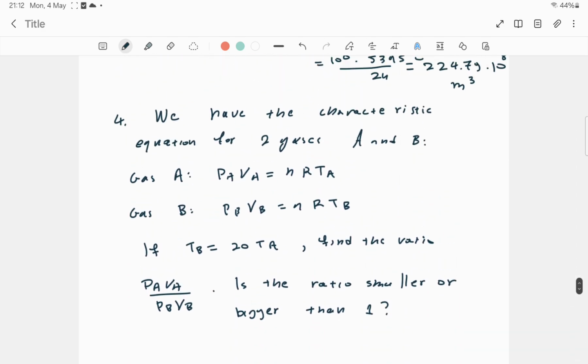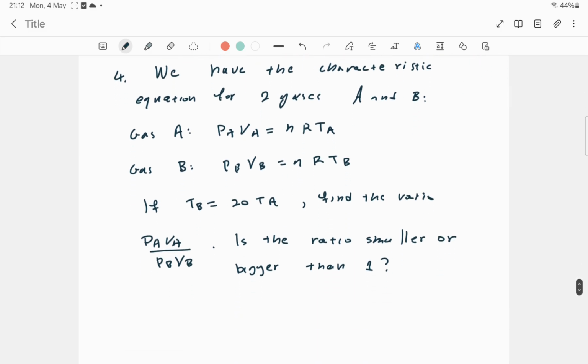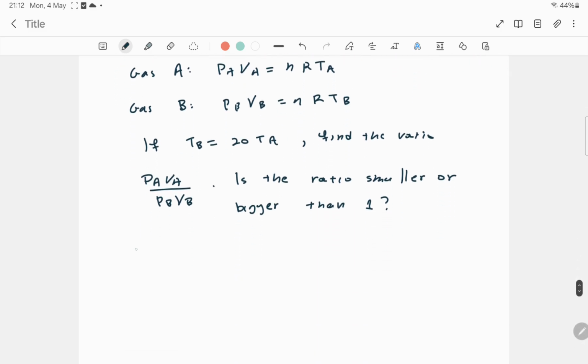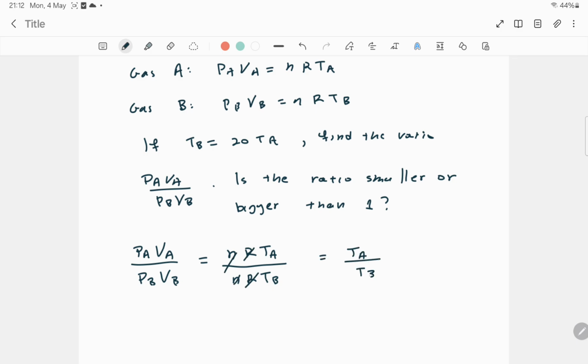Now let's go to problem 4. We want to find this quotient, so what we have to do, PA VA over PB VB is going to be nRTA over nRTB. This will simplify and we will have TA over TB.